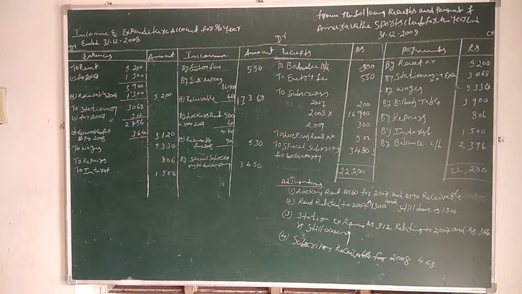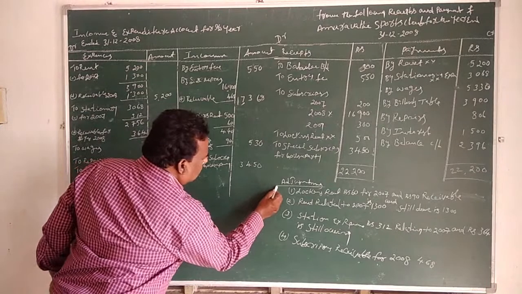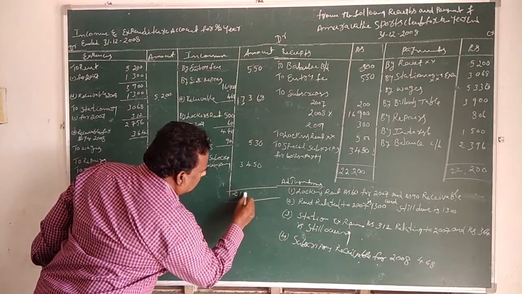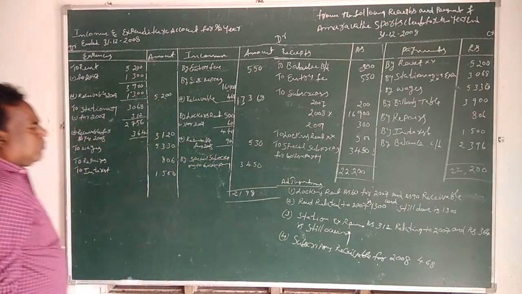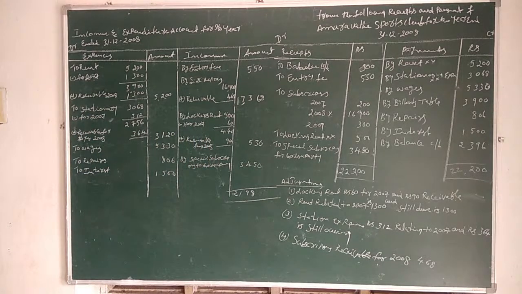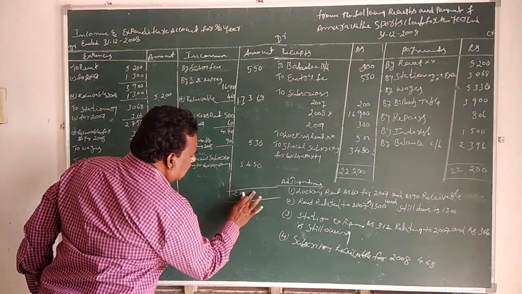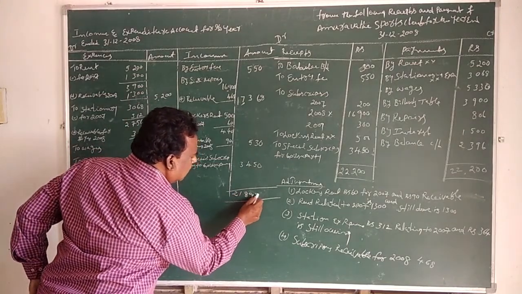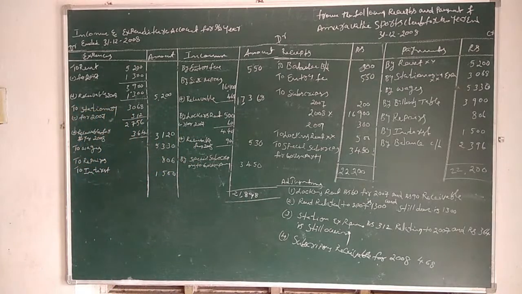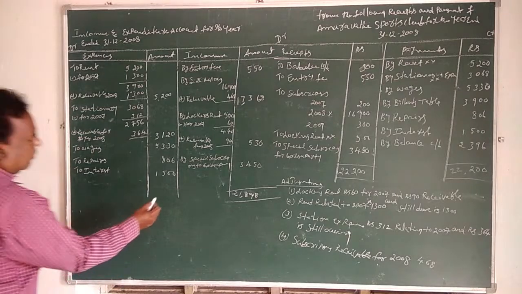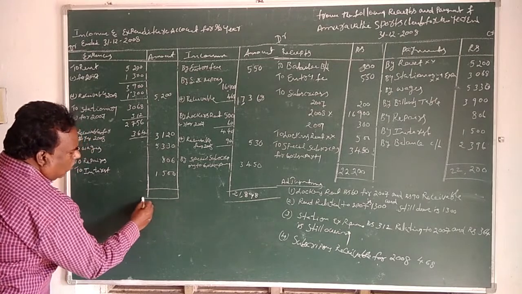So total 21,898. Carry forward on the debit side.